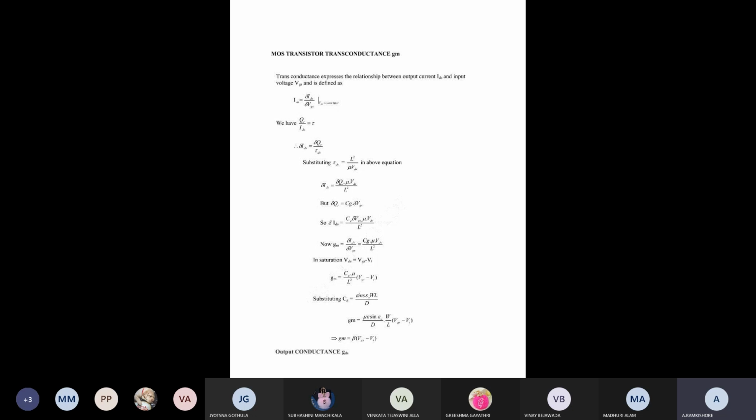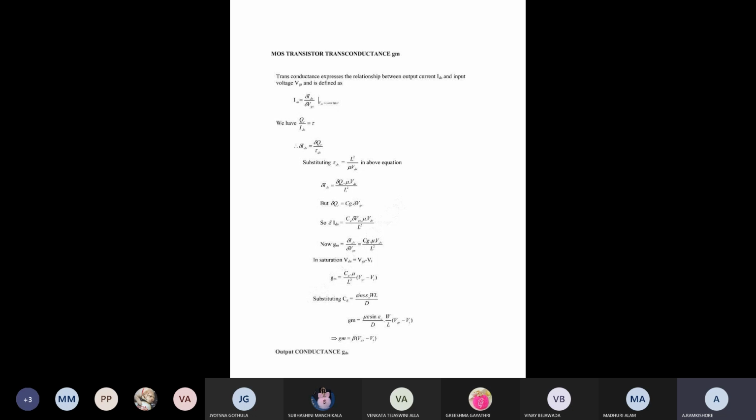So from this MOS transconductance, what can we analyze? It is possible to increase the transconductance of a MOS device by increasing its width, but that also increases the input capacitance and area.